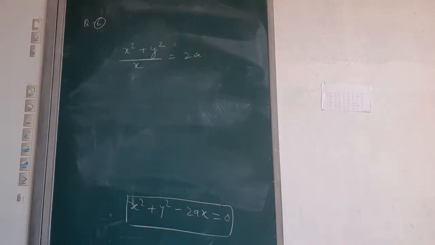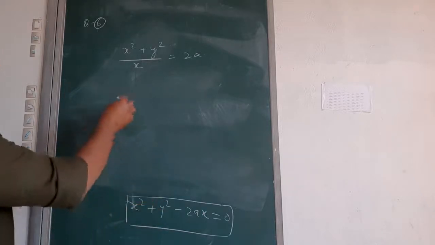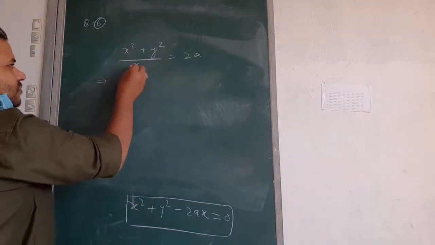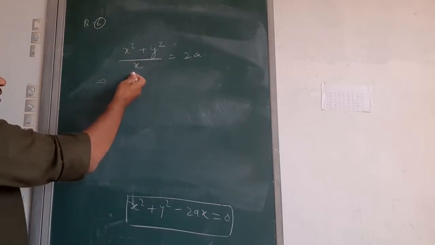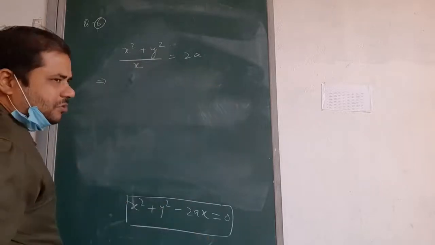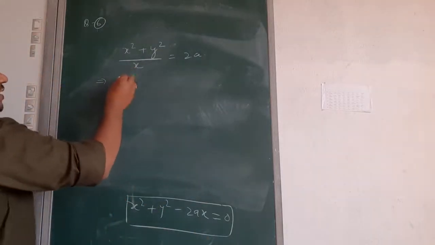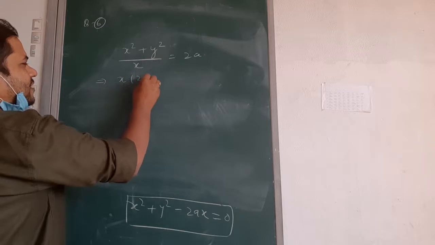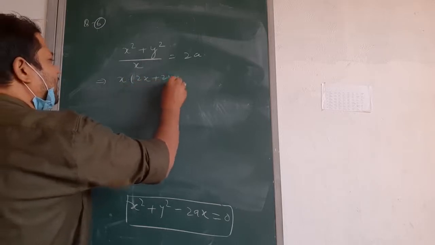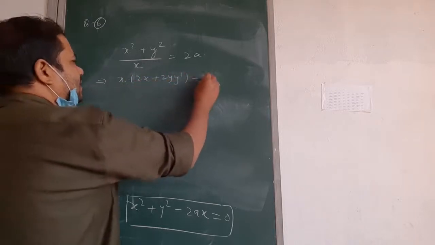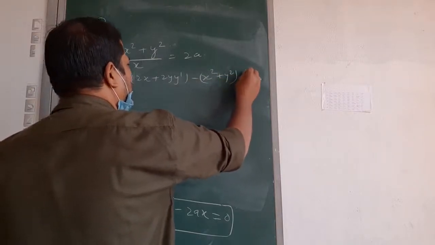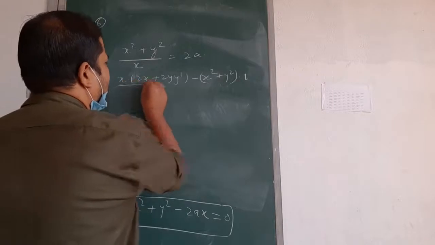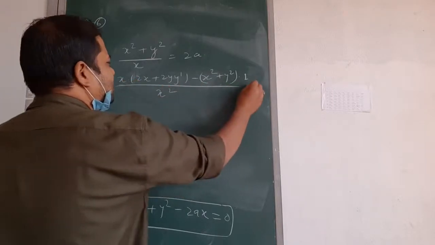Now differentiate. You get the solution. What is the differentiation? We use numerator and denominator: denominator times d by dx of numerator, minus numerator times d by dx of denominator, divided by x square, and this is equal to 0.